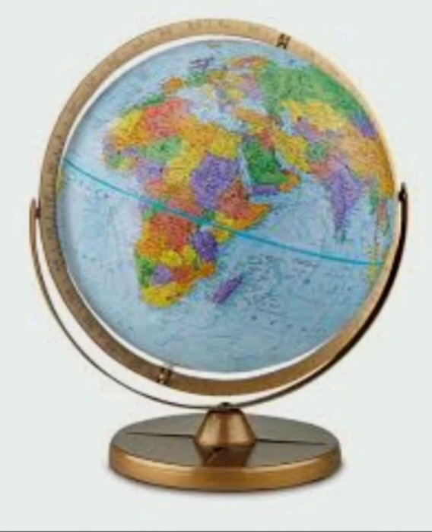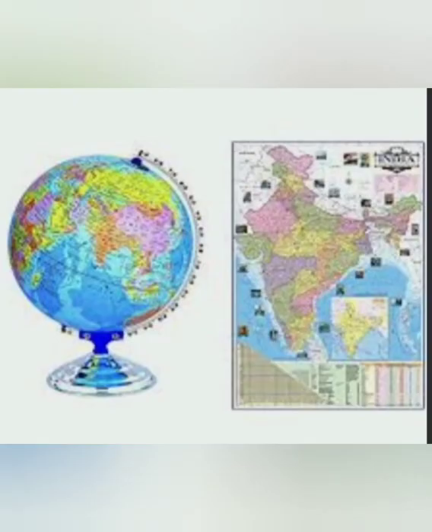A map can show any area, large or small, with details such as towns, cities, physical features, boundaries, and roads. But a map is not an accurate representation of Earth because it tries to represent the spherical Earth on a flat surface.